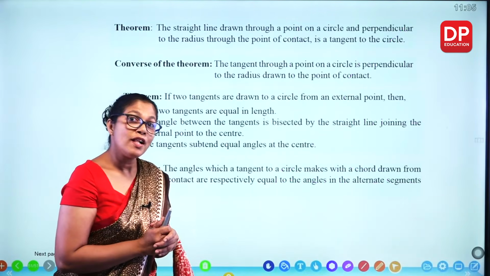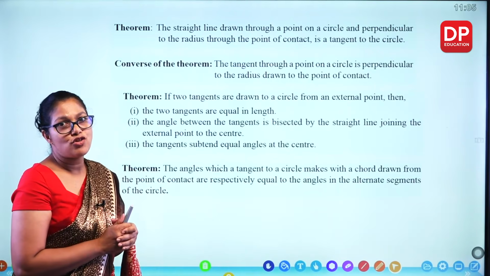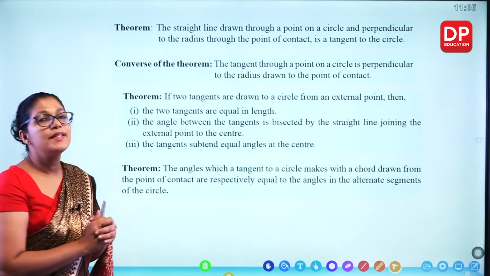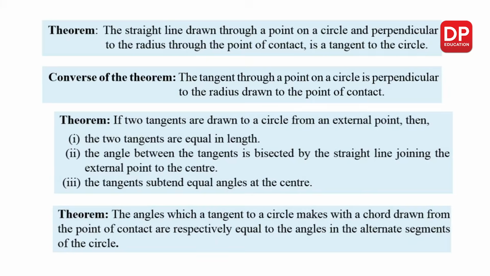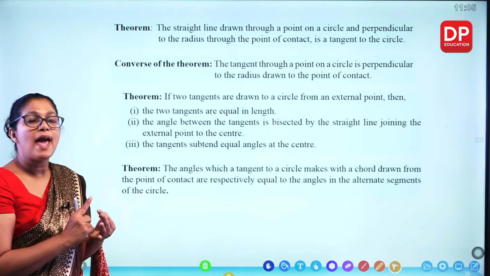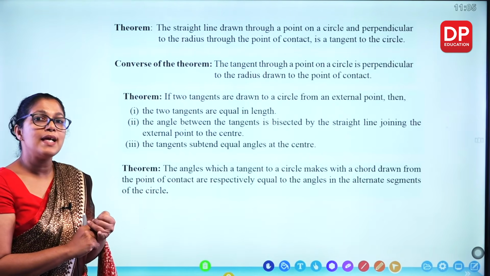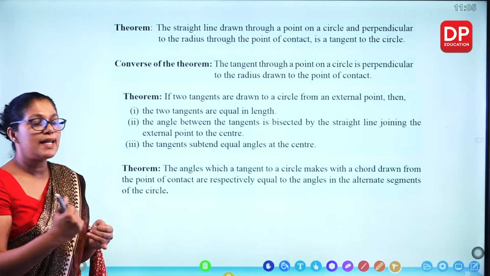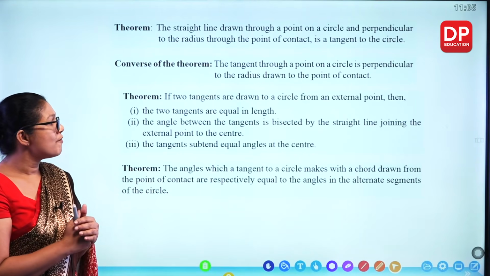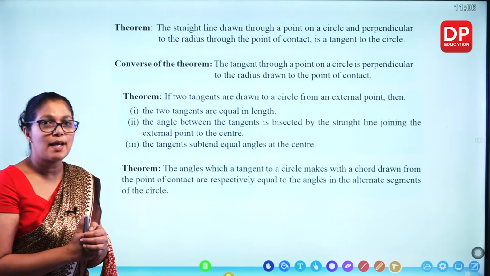So we covered all theorems related to tangents and chords. So what are the theorems we did? We did the radius is perpendicular to the tangent, and then the converse of that, and the last one, when you draw two tangents from an outside point, tangents are equal and the angle at the center bisects, as well as bisects the outside angle, and also finally we did the alternate segment theorem.